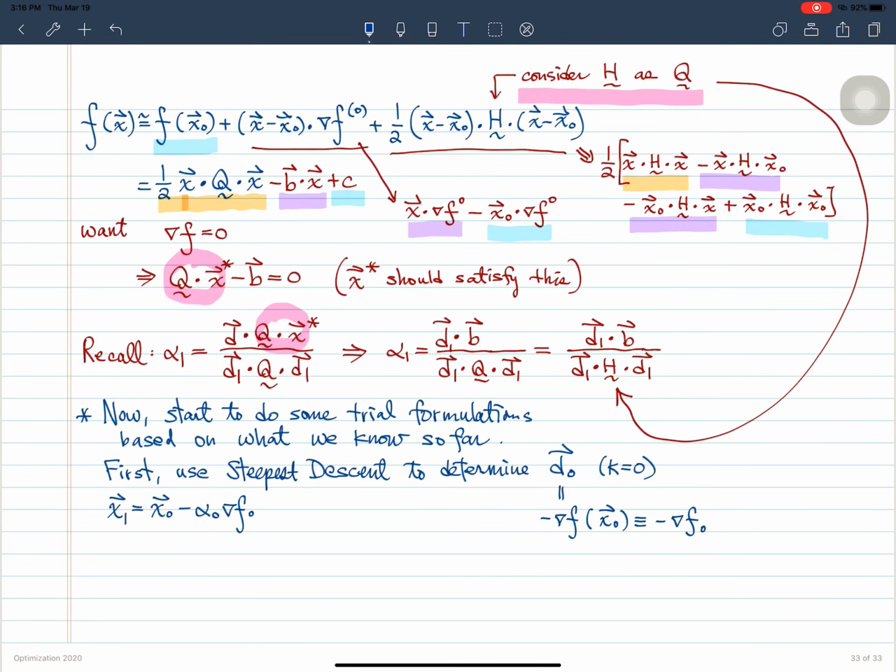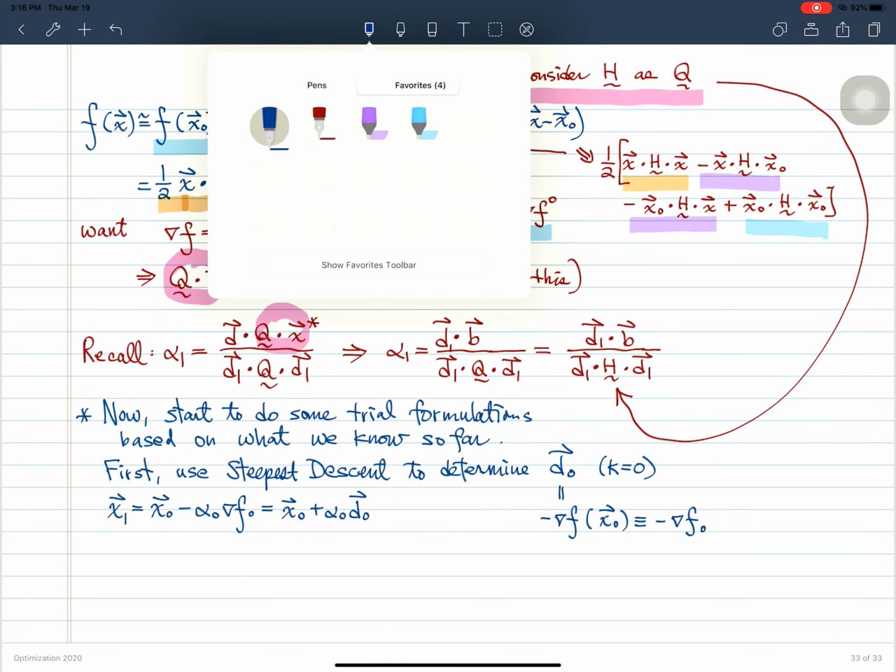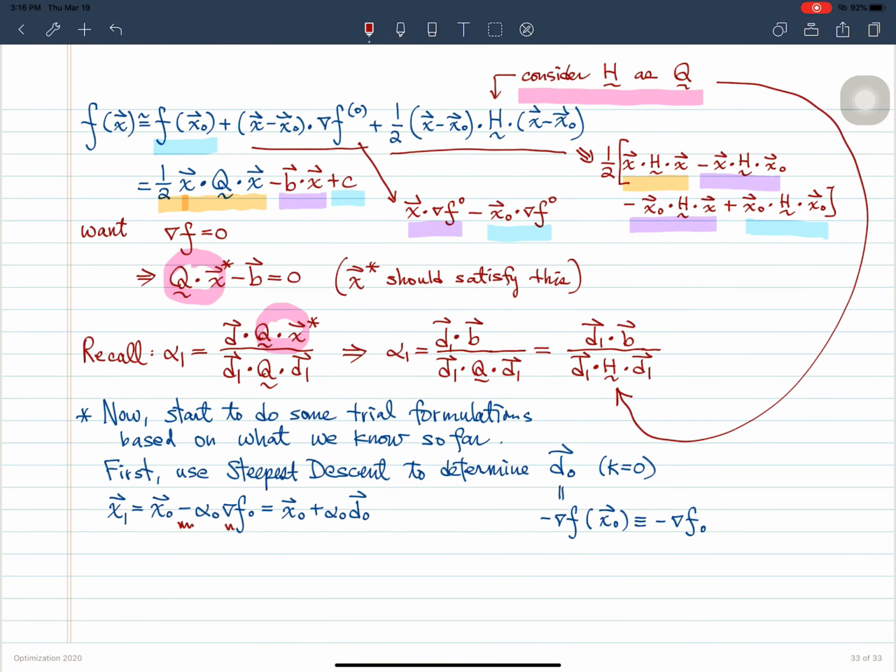So based on my new mathematical definition, I can rewrite as plus alpha 0 d0, because d0 basically is negative gradient 0. And of course, this equation always works if I add on my index k. So actually, xk plus 1 equals xk plus some alpha k times dk. Right?